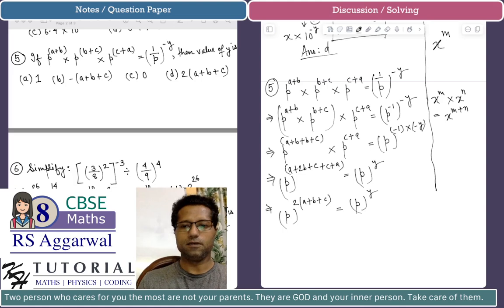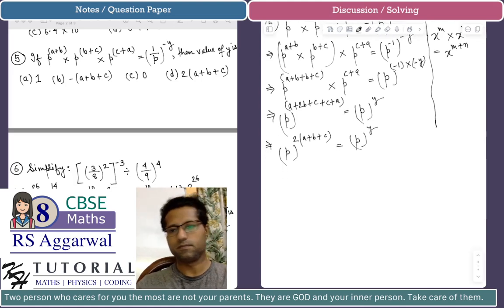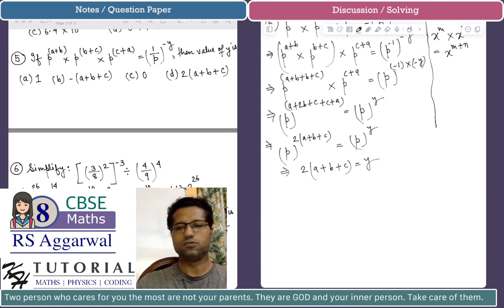Now I can see both hand sides are exponential terms where the bases are same, p. So I can equate the power. So this will be 2 into a plus b plus c equals to y. So y equals twice of a plus b plus c. So the correct choice is D.